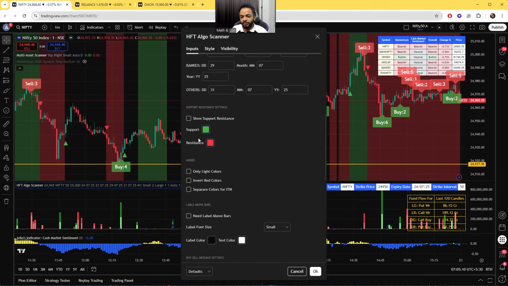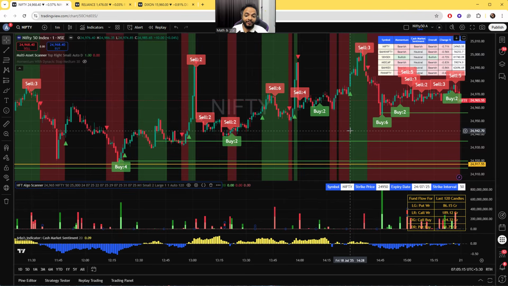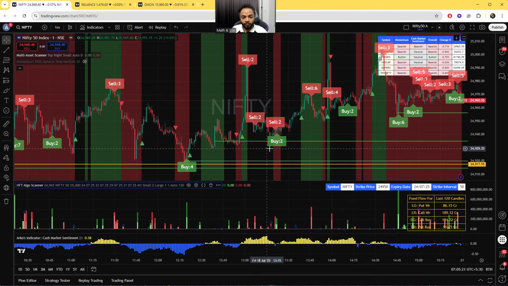But these support resistance lines are very crucial, because they are drawn not only based on the charts but also based on the volumes. If the market is taking support and volume is also present there, so the support is backed up by volume, then only it will draw those lines.